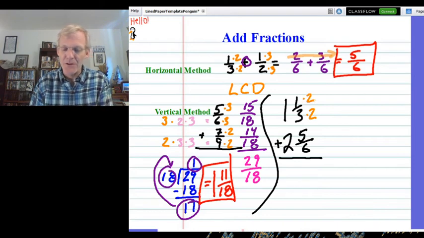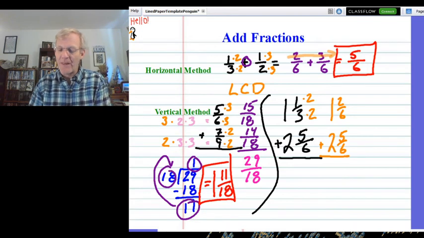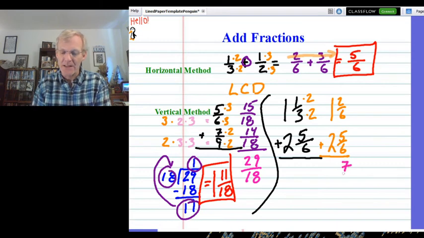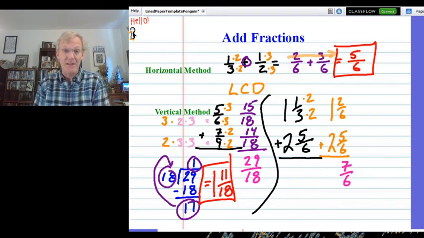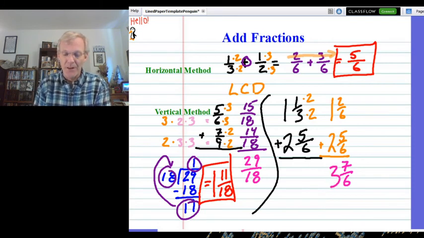Top and bottom by 2. And so now we have 1 2/6 plus 2 5/6. We add that up, and we end up with, let's see, 5, 6, 7 sixths, because the denominator remains the same. And now we add the whole numbers. 1 plus 2 is 3.